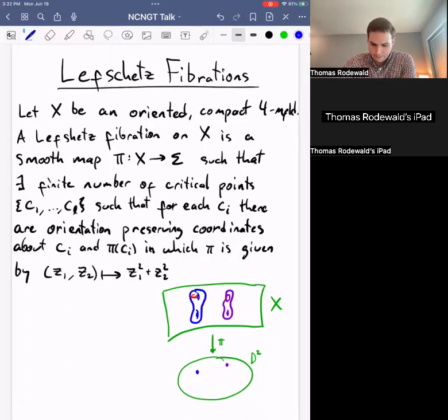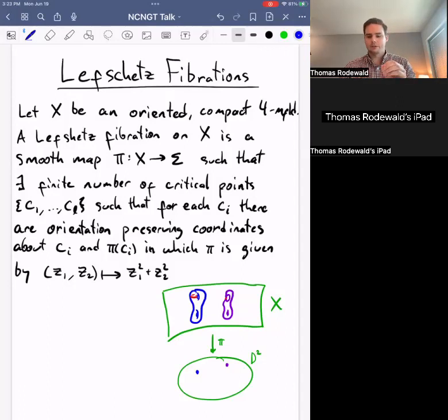Outside of the critical points, it's basically just a fiber bundle. But in a neighborhood of each critical point, you have simple closed curves on the generic fiber, which shrink as you get closer and closer to the critical point, and then they collapse at the critical point.